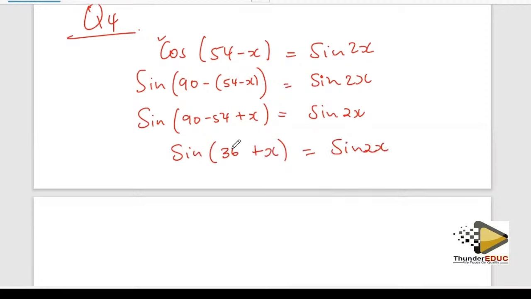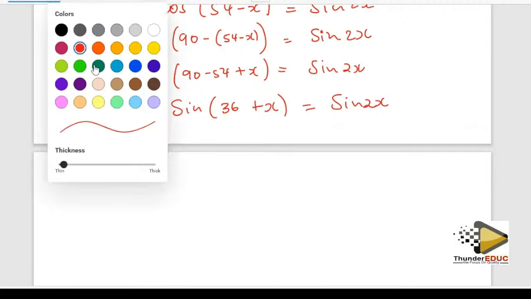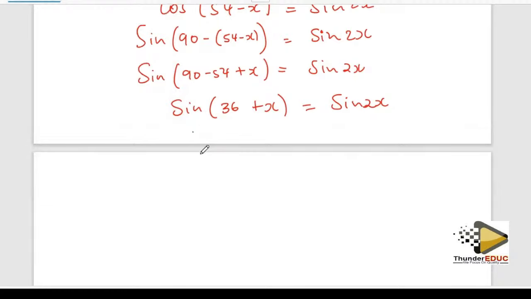Now, since the ratios are the same, there are two things I just want us to keep in mind. Number one, I'm going to take this sine 2x to be more like my reference angle. Let me do that, then I'll explain what I want to do. So 36 plus x is equal to the 2x.